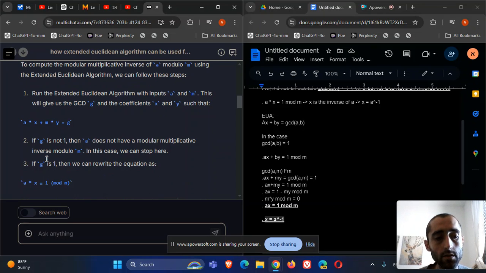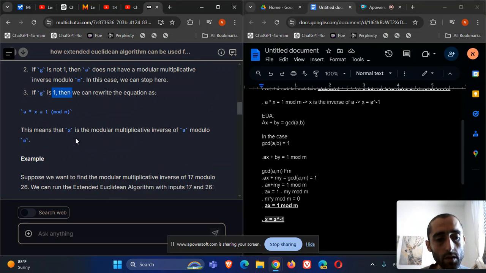If we know that A has an inverse, so the GCD of A and M is 1, the extended Euclidean algorithm gives me y and x, the coefficients I should put in order to get the GCD of A and M. Because A has an inverse in the field Fm, the GCD is 1.